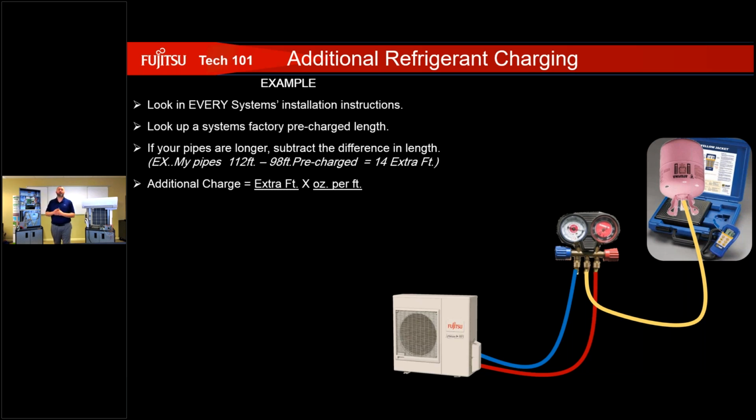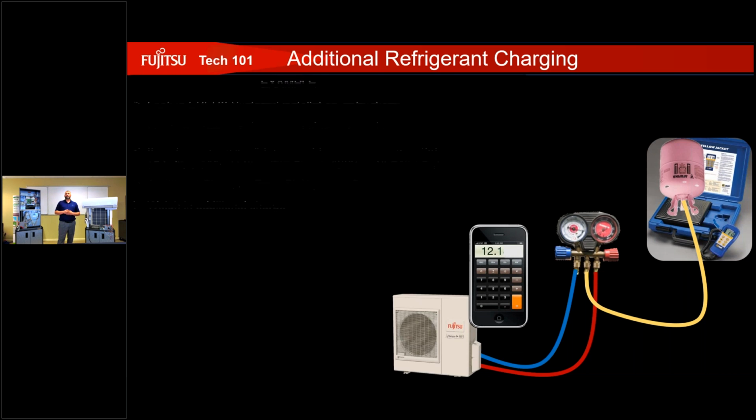In this scenario, our pre-charge length is 98 feet. We have 112 feet of copper, so we have 14 extra feet. It's just subtraction at this point: 112 is my total minus my 98 pre-charge, and I have to add refrigerant for 14 extra feet of piping. Then we weigh in our additional charge.